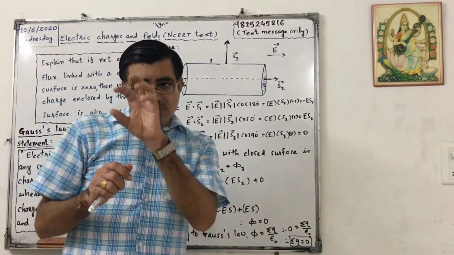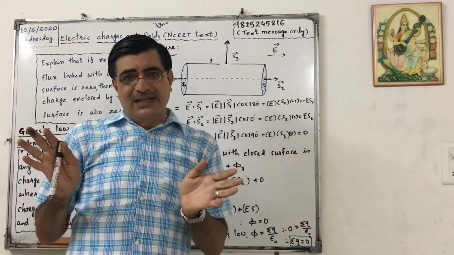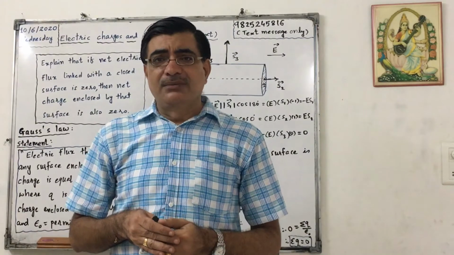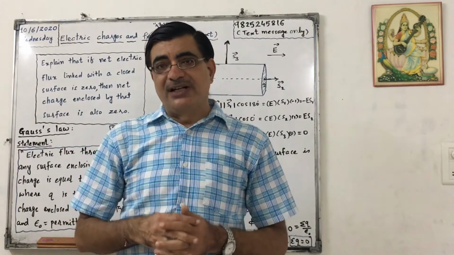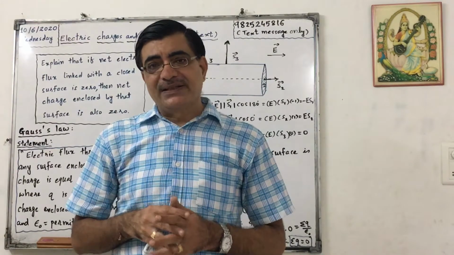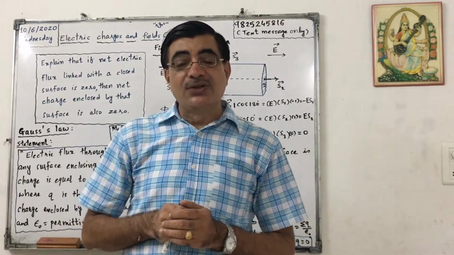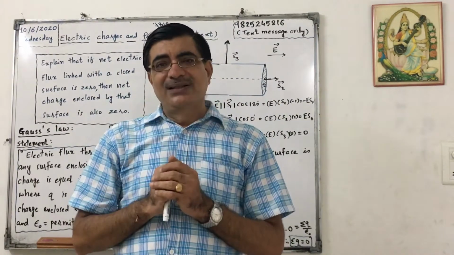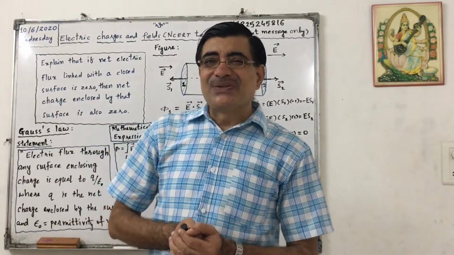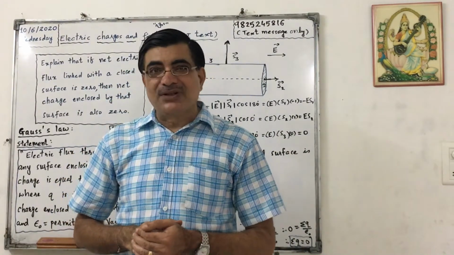Q is the net enclosed charge, and flux means electric field lines, either outward or inward. Both may be possible because we can find the net flux. But whatever the number of field lines, that is called electric flux, equal to Q upon epsilon naught, where Q is the enclosed charge and epsilon naught is the permittivity of vacuum. So this is a very important law for electrostatics after Coulomb's law.